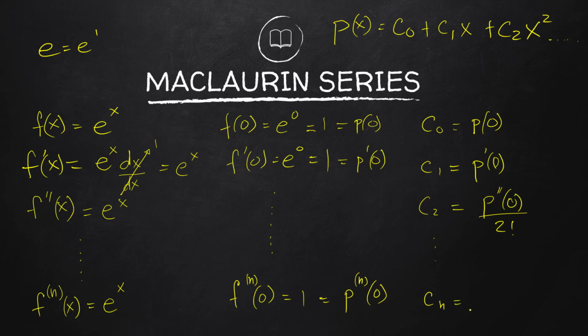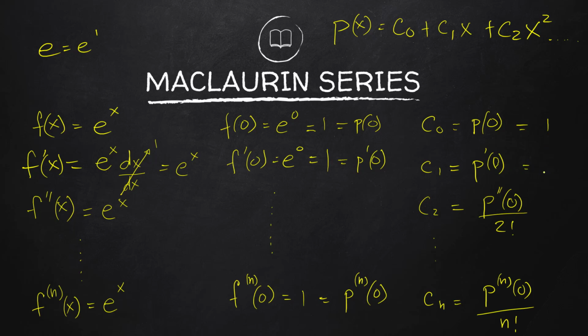And your nth constant, or c sub n, will be equal to the nth derivative of the approximating function evaluated at 0 divided by n factorial. Okay? So this will just be equal to 1.